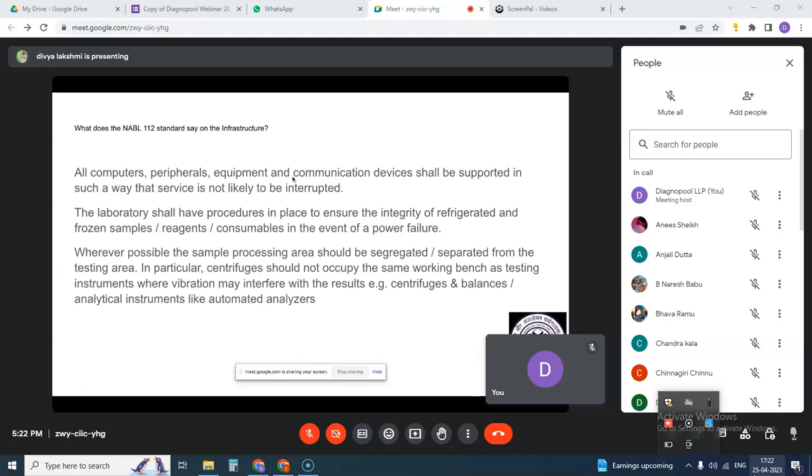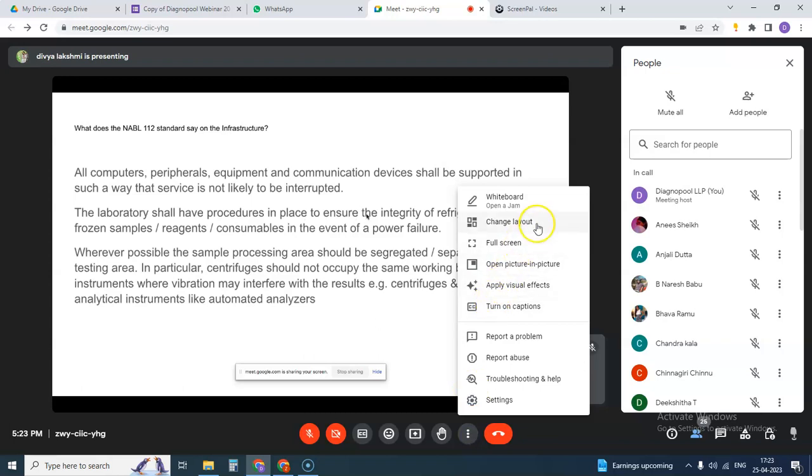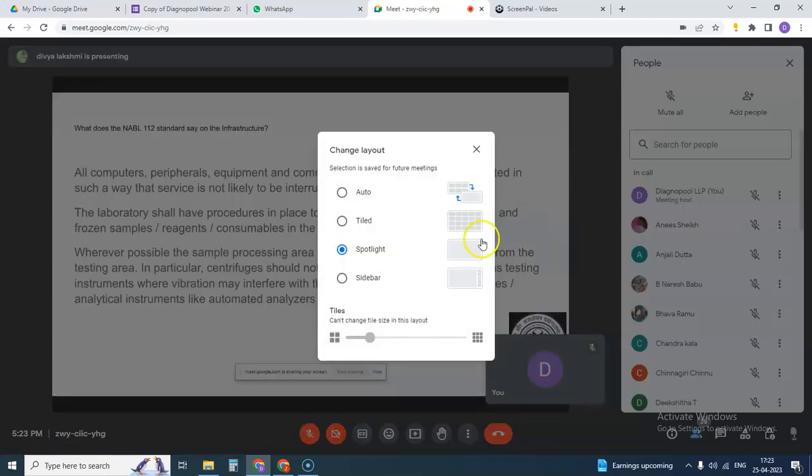All should be available as long as the lab is working in the working hours. There should not be any kind of interruption. The laboratory shall have procedures in place to ensure the integrity of refrigerated and frozen samples, reagents and consumables in the event of power failure.